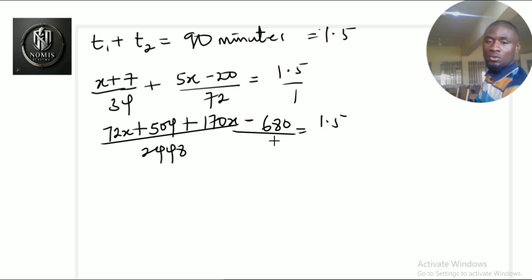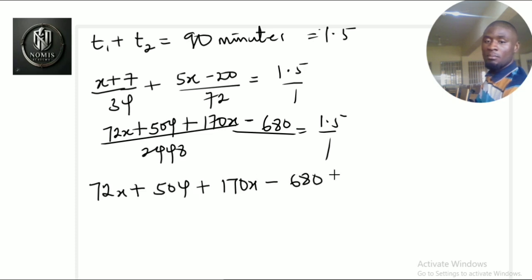So from here, we can cross multiply. When we cross multiply, we have 72x plus 504 plus 170x minus 680 is equal to 1.5 multiplied by 2,448. Let's collect like terms from here. 72x plus 170x, yes, that is 242x.